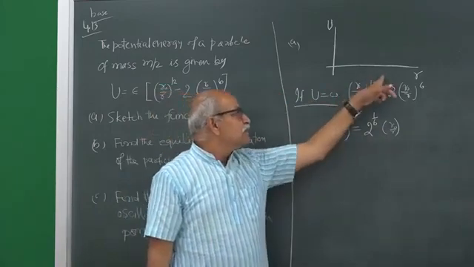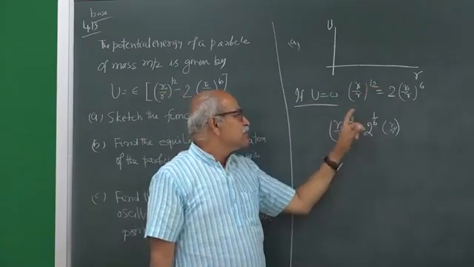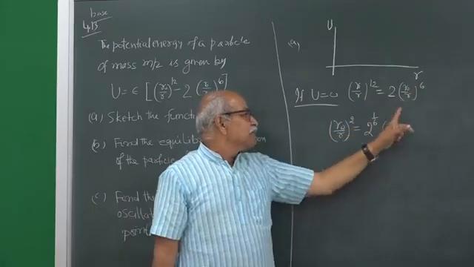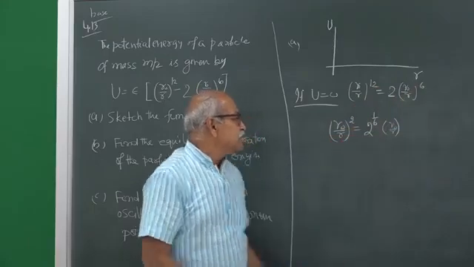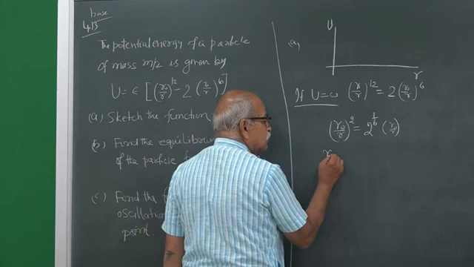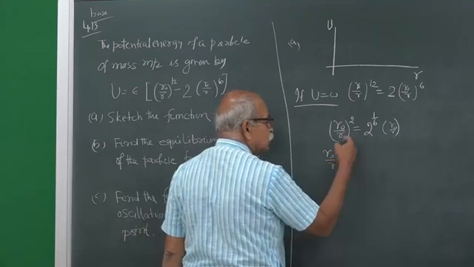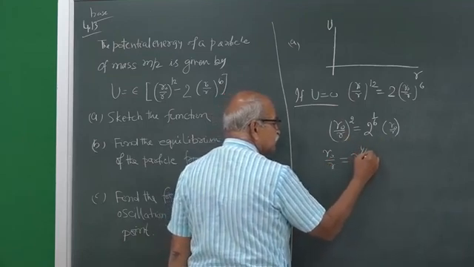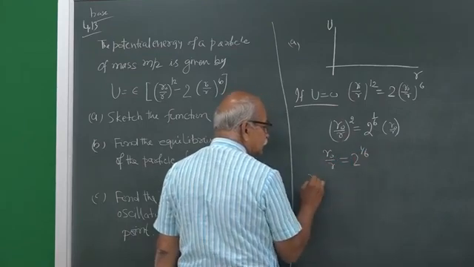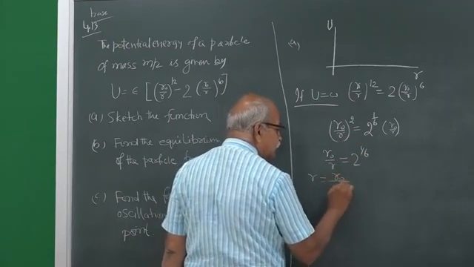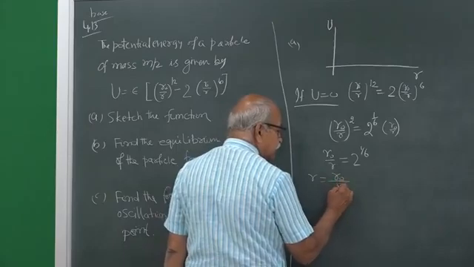That means r naught by r is equal to 2 to the power 1 by 6. So, r is equal to r naught divided by 2 to the power 1 by 6.